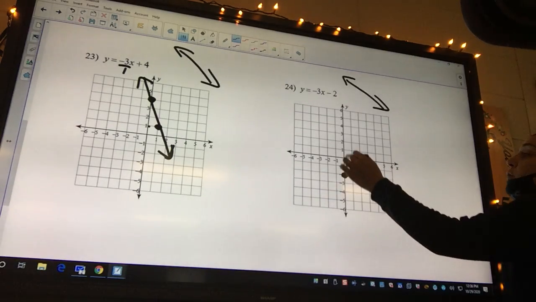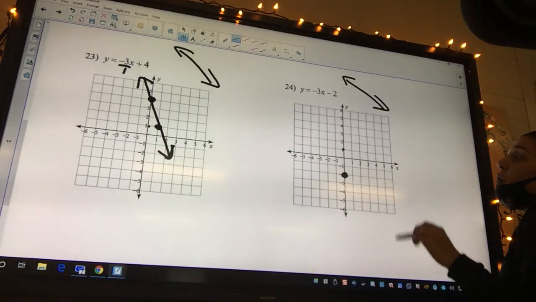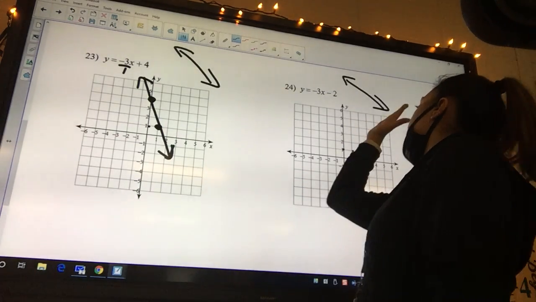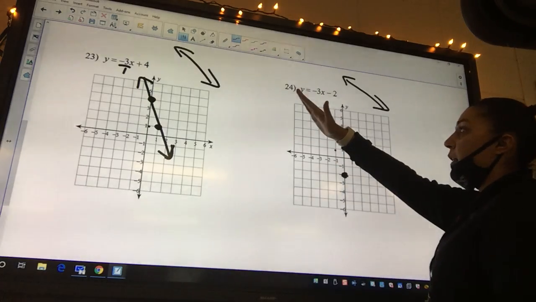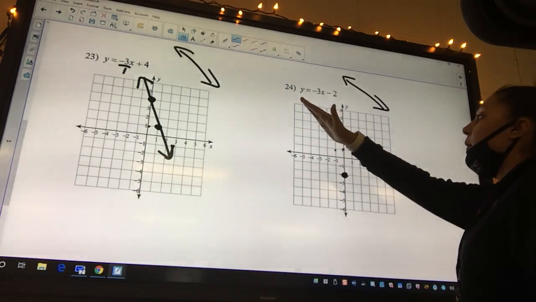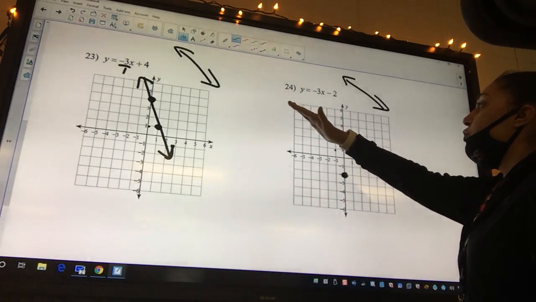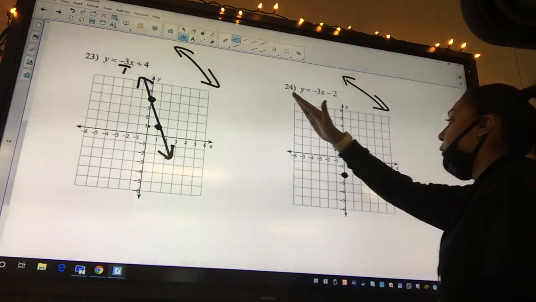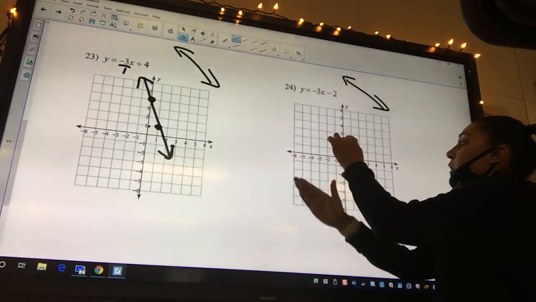So we say 1, 2, 3, and we need to go over 1. Well, which way do I need my line to go? Positive. If I go this way, my line's going to be like this. If I go this way, my line's going to be like this. Okay, so do I need my line to go this way or this way? Other way. This way, which means I need to go 1 over this way.